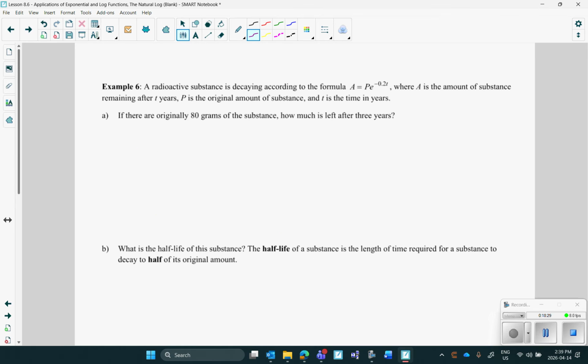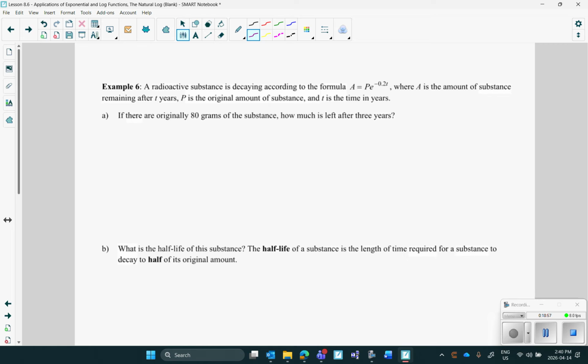Okay, this one. Here's a continuous decay. How do I know it's decay? Because it's negative. Negative exponent means fraction. Fraction means getting smaller. So here, a radioactive substance is decaying according to that formula. If there are originally 80 grams of a substance, how much is left after 3 years?